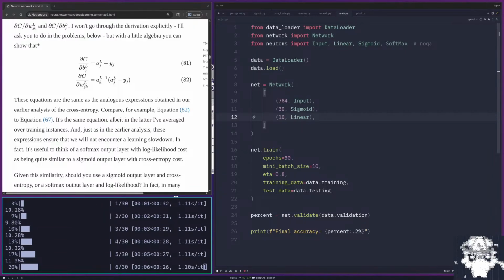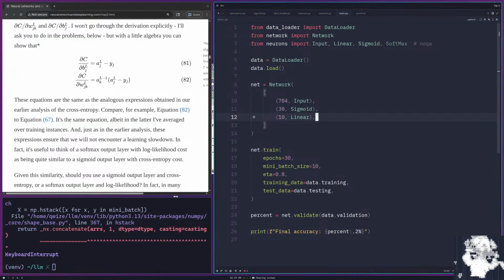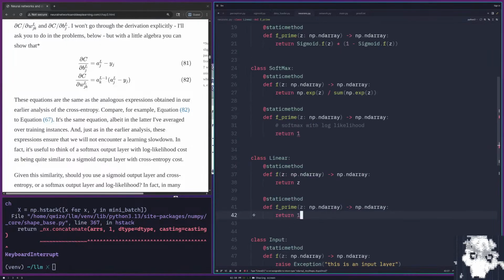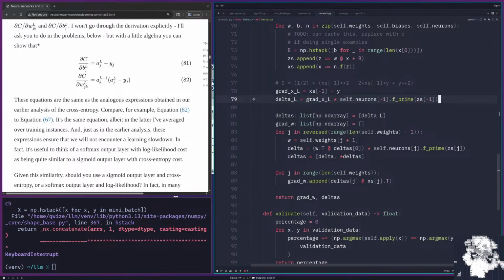This has less of a problem, interestingly. But yeah, linear doesn't really make sense, I think. Though what does make sense would be, well, okay.